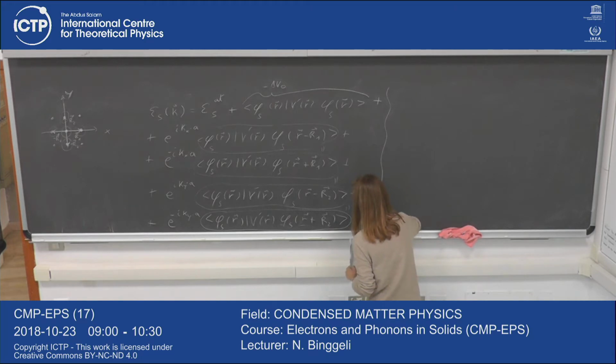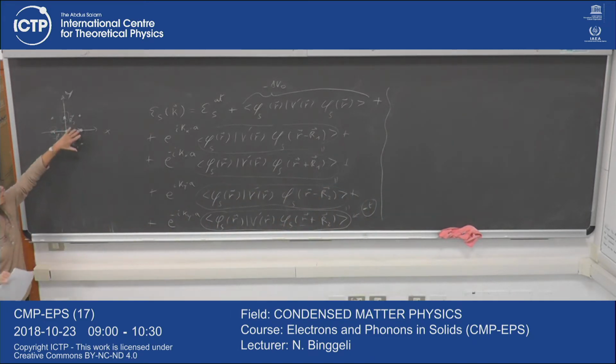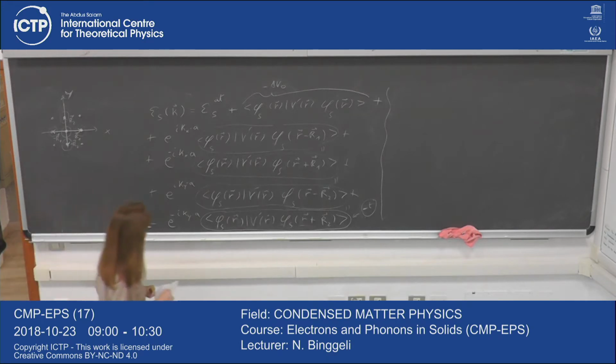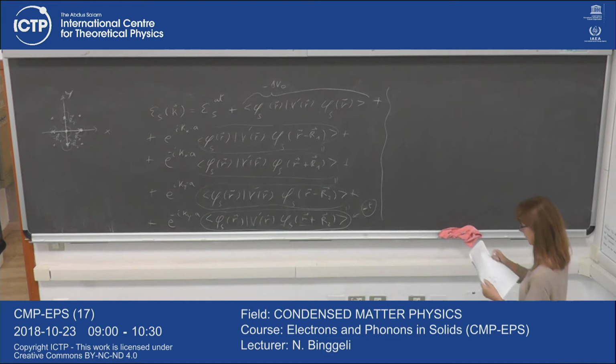Or let's say minus t, because I know it's going to be negative. By the same argument, the crystal field is attractive. The potential produced by the neighbors of the atom at the origin will produce an attractive potential, and therefore these matrix elements will all give something negative.